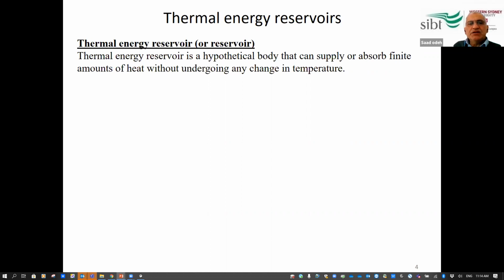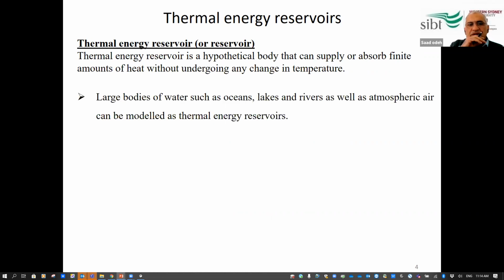We have the energy reservoir, which is a hypothetical body that can supply or absorb heat from the system. For example, large bodies like water in oceans, lakes, or rivers, or even atmospheric air can be modeled as a thermal energy reservoir.